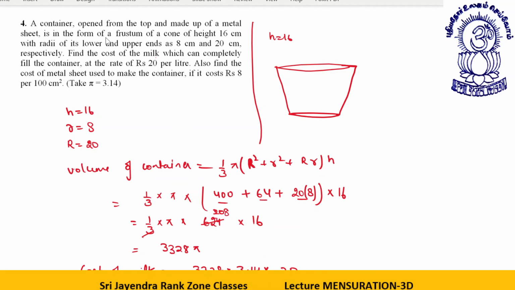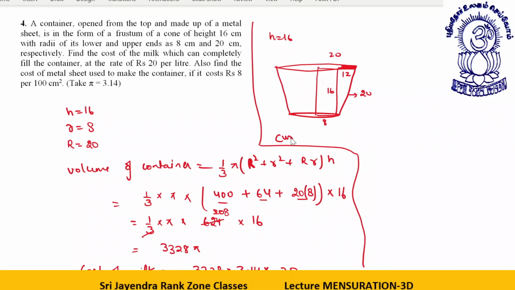A container which is open from the top, of height 16, and radii of its lower and upper end are 8 and 20. This is 8, my dear student. This is 20. If I draw a line like this, what will be this portion? This portion will be 12. Now this portion is 16. Slant height will be 20. Why was I doing all this? Because I need slant height. You have got the slant height now.